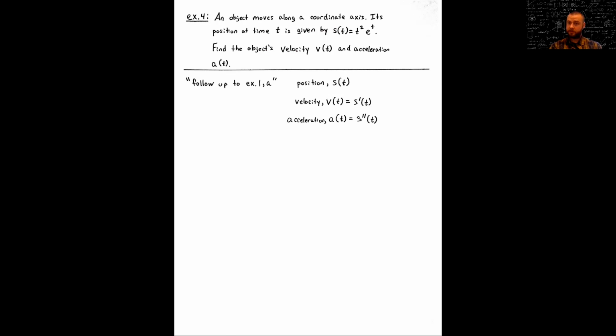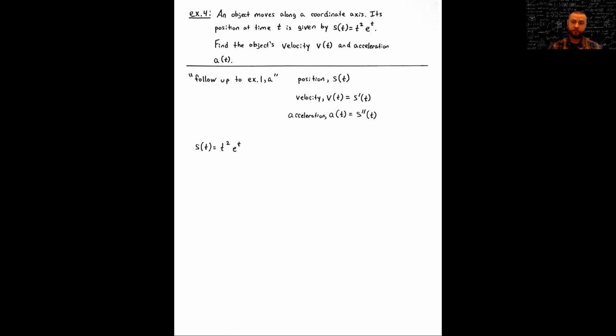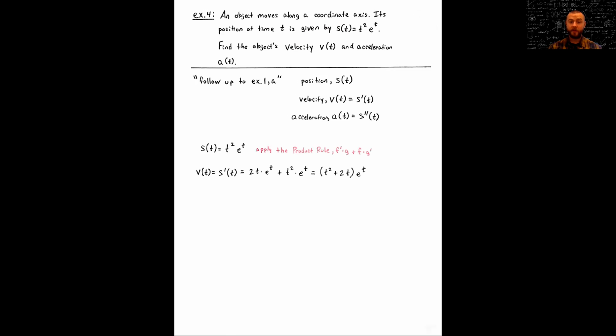All right, when you're ready, let's go through first finding s prime, the first derivative of position, which is velocity. That was exactly what we did in example 1a. We have just changed our variable from, at the time it was x in example 1a, but now it's t. So s of t here is t squared times e to the t. Since we're multiplying, we differentiate using the product rule still.